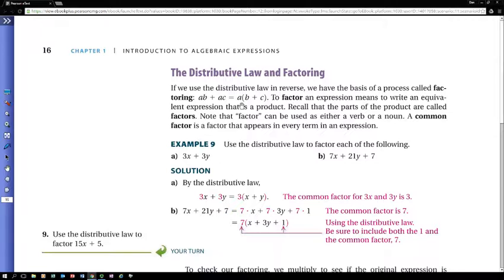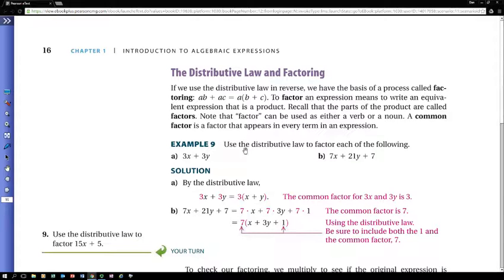Now, for the distributive law in factoring, we use the distributive law in reverse, which I don't necessarily like that terminology, because we haven't talked about symmetry, but you can say, well, isn't it the same thing to say a times b plus a times c? I could rewrite that as a times the quantity b plus c.